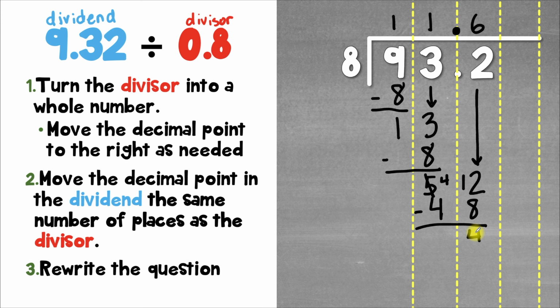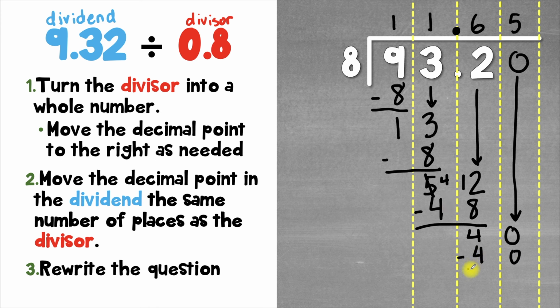Now here's an issue. Even though we don't have any more numbers to the right, we still have a value here that's not 0. So what we'll have to do is annex a 0. So we'll put a 0 here, and then we'll bring it down, and repeat the process. How many times can 8 go into 40? Well, that's 5 times, because 5 times 8 is 40.